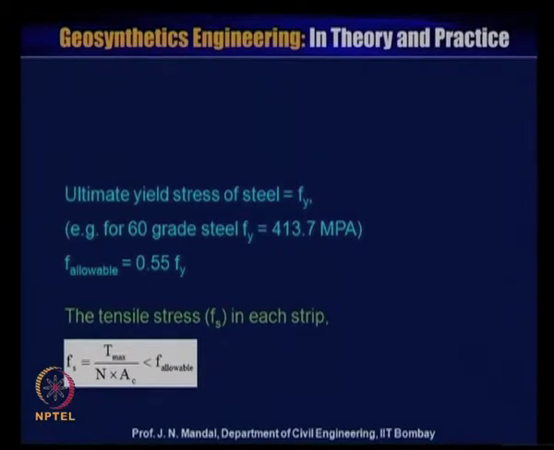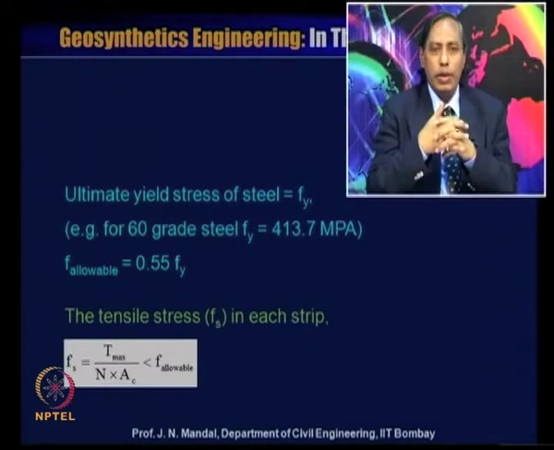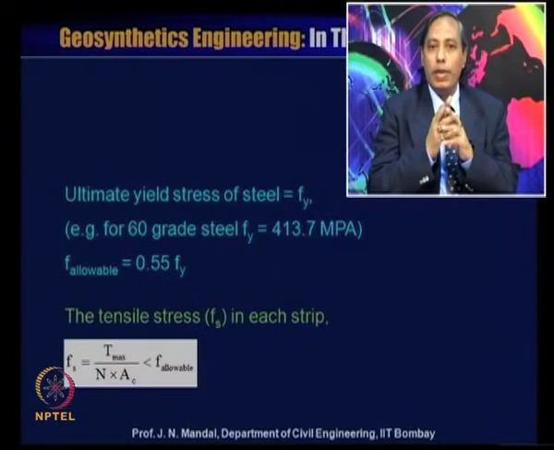Now, because it is a metallic strip reinforcement, or inextensible reinforcement, the yield stress of the steel is universally well known. The ultimate yield stress of the steel is designated as F of Y, and generally if we consider 60 grade steel, Fy will be equal to 413.7 MPa.